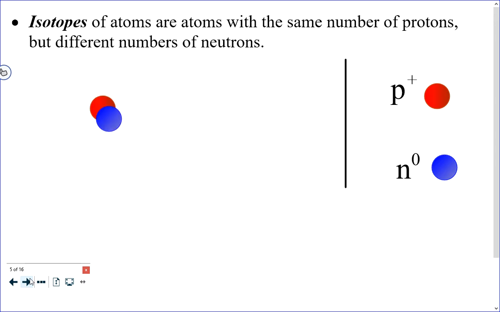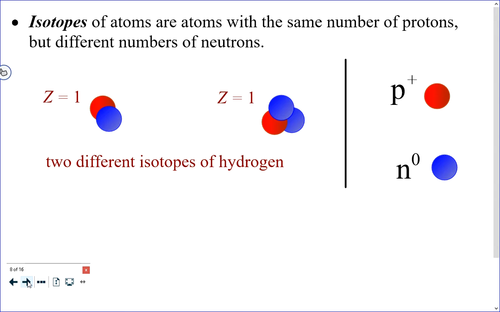If I have a nucleus that contains a proton and a neutron, and I have a second nucleus that contains a proton and 2 neutrons, then the atomic number of each of these nuclei, or each of these atoms that the nuclei are inside of, is 1, which means they're both hydrogen, because they each have 1 proton. And the atomic number tells you where on the periodic table the atom or element or nucleus belongs. These are 2 different isotopes of hydrogen.